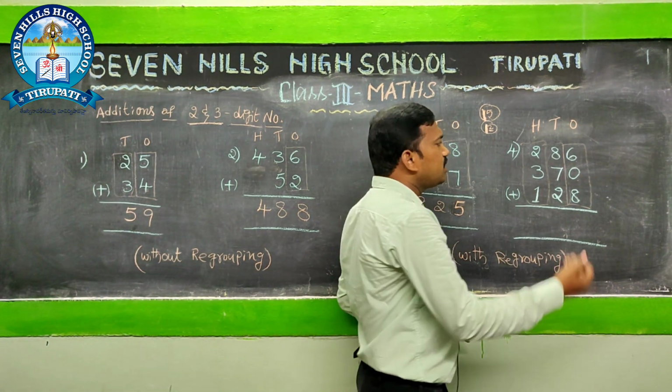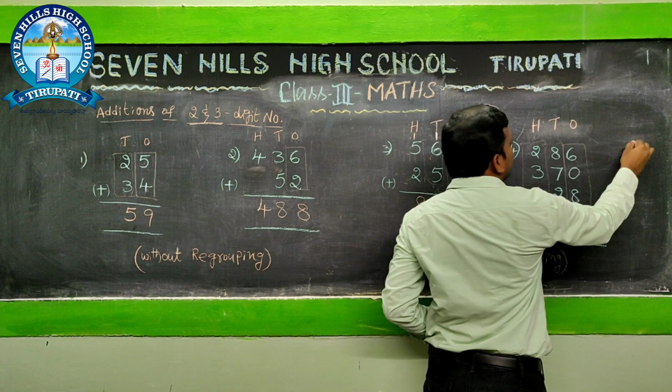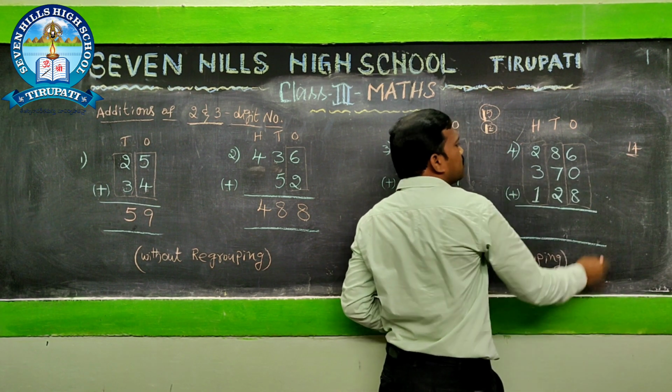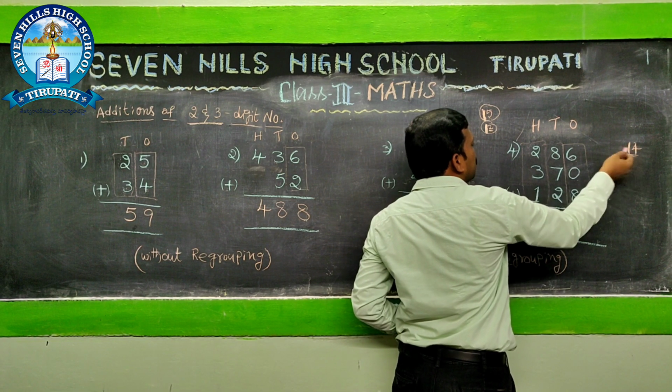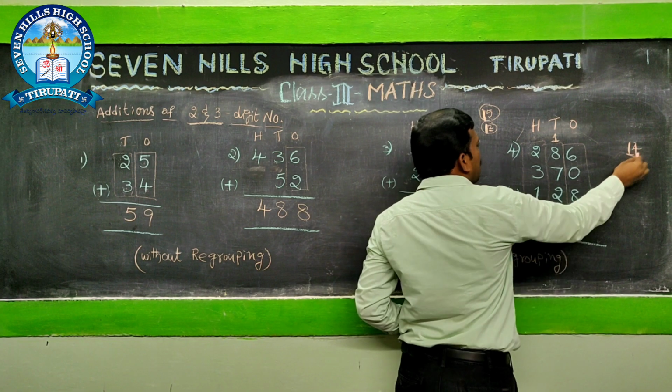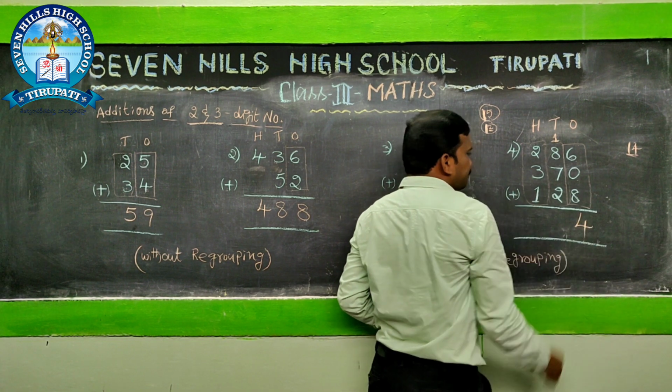How much? It is 14 ones. Here it is a 2-digit number, right? So carry over 1 to the tens column, and 4 is here.